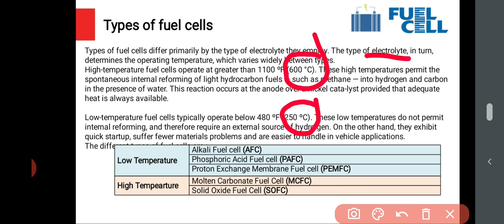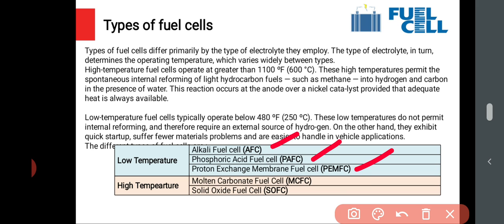In case of low temperature fuel cells, the fuel cells can be alkali fuel cell or AFC, phosphoric acid fuel cell or PAFC, proton exchange membrane fuel cell or PEMFC, and in case of high temperature fuel cell, it can be molten carbonate fuel cell or MCFC and solid oxide fuel cell SOFC. So AFC, PAFC, PEMFC are all low temperature fuel cells, and MCFC and SOFC are high temperature fuel cells.